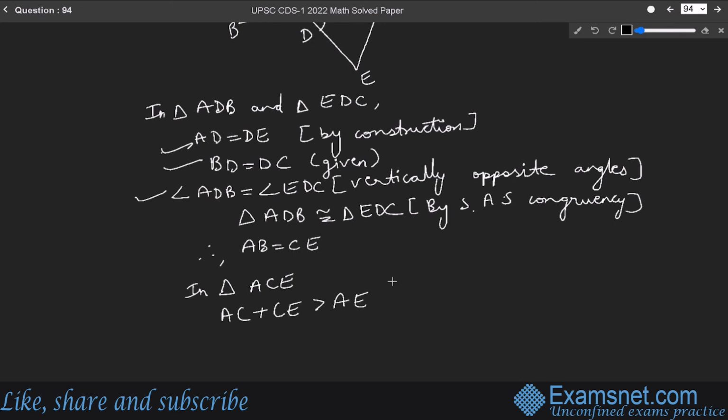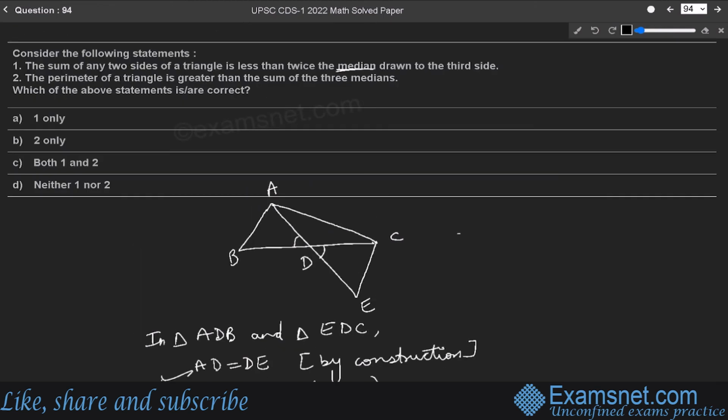Now putting the value of CE, we know that CE is equal to AB. So AC plus AB is greater than AE. It means that AC plus AB will be greater than 2AD, because you can see in the diagram that AE is equal to 2 into AD. So we can say that statement 1 is completely wrong.